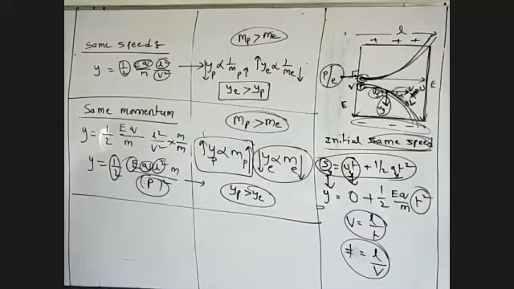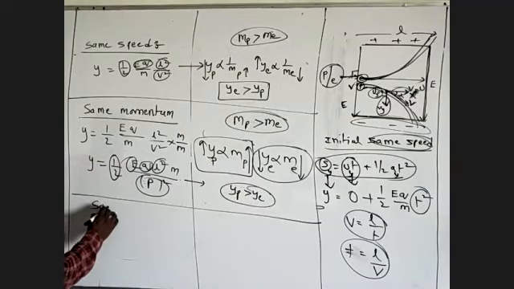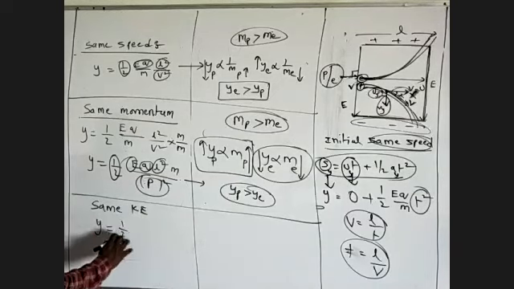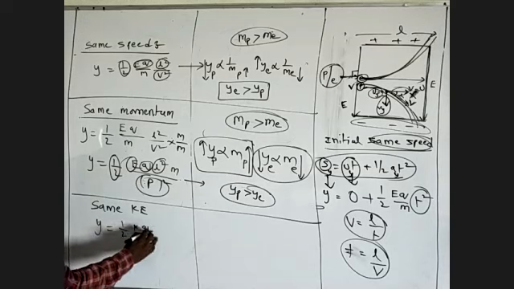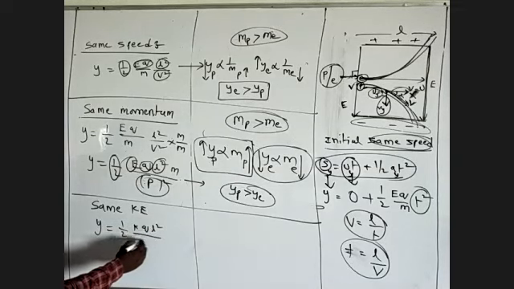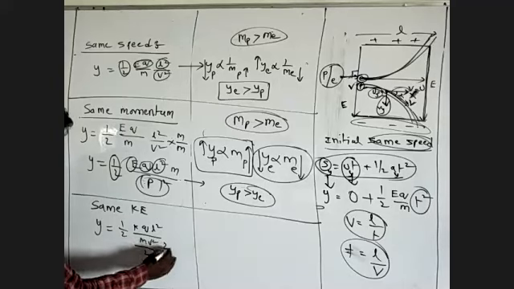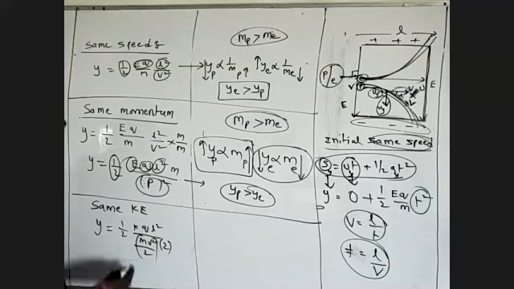Now, last situation, same kinetic energy. Kinetic energy is equal to 1 by 2 m v square. Now your equation is y is equal to eE l square by 4 kinetic energy.